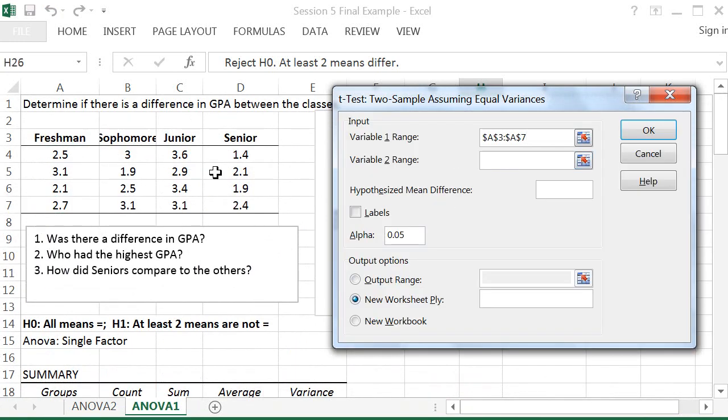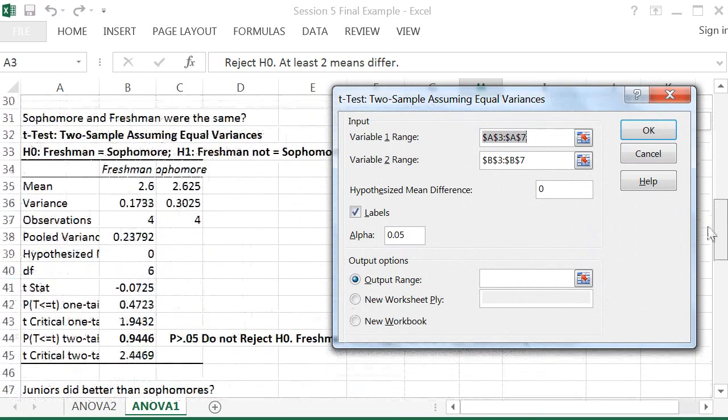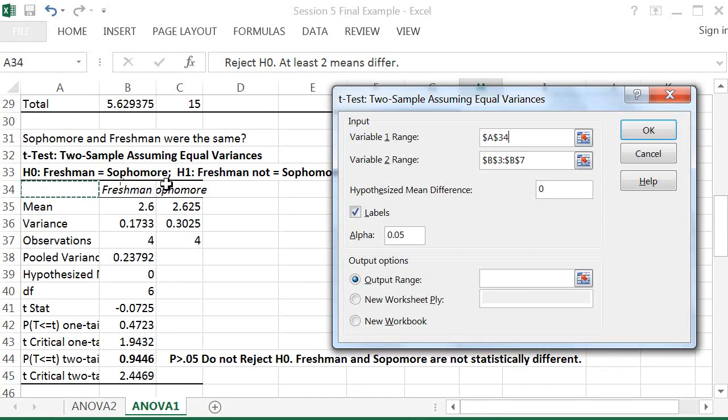And for my range for variable 2, I did the sophomores. Hypothesized mean difference is 0. Clicked labels for the first row because I did select the labels. And then I clicked my output range. And then I just clicked right there, and I ran my two-sample.